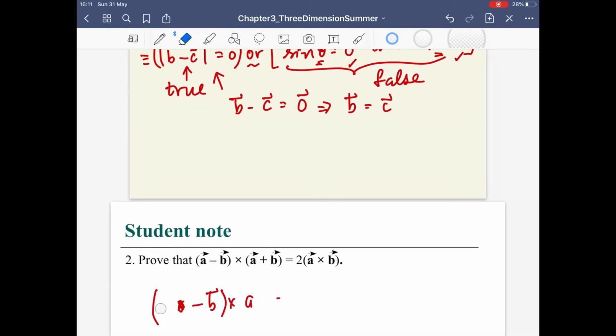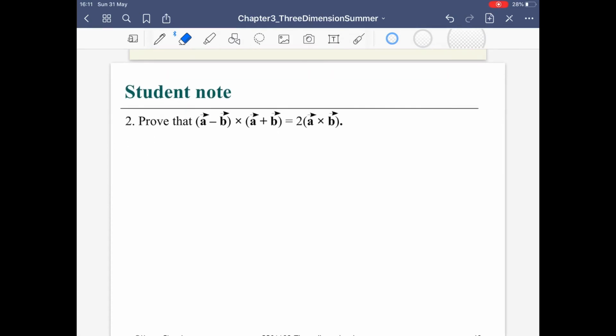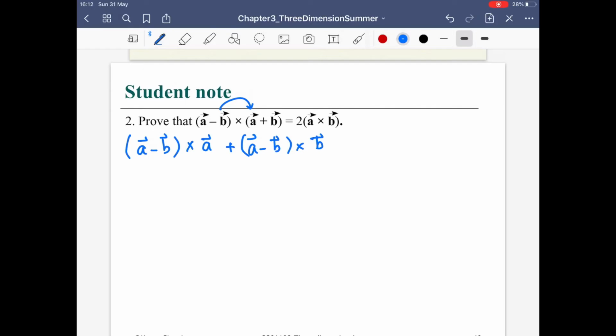The next problem is that you want to prove that a minus b cross a plus b is actually twice a cross b. This one you just use the distribution law. Here your a minus b can distribute to the first a, and then your a minus b also can distribute to the second vector b, and then you do a backward distribution.